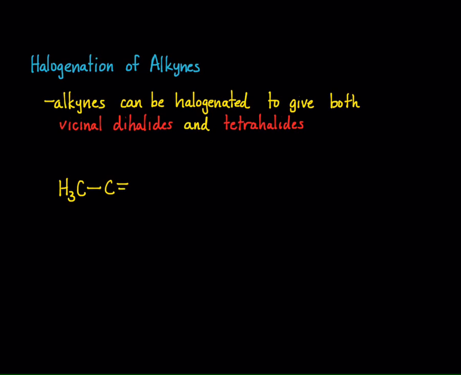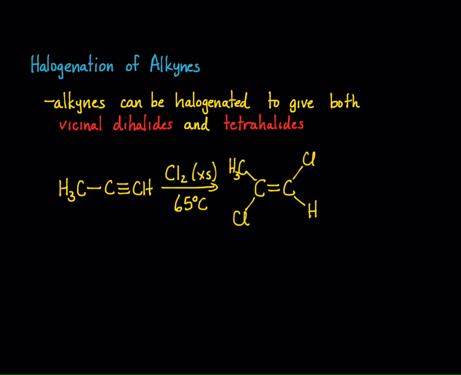So for example, if I take 1-propyne and react it with an excess amount of chlorine at 65 degrees, I get two major products. I get 1,2-dichloropropene. I also get 1,1,2,2-tetrachloropropane.